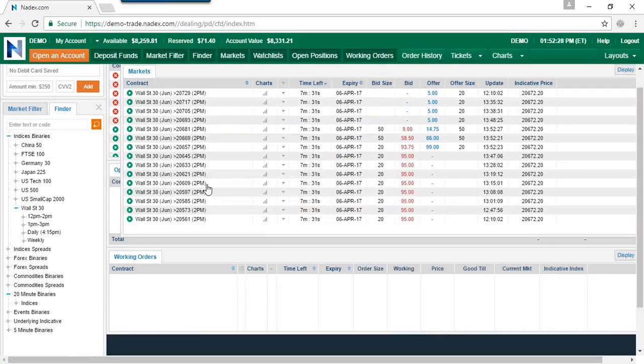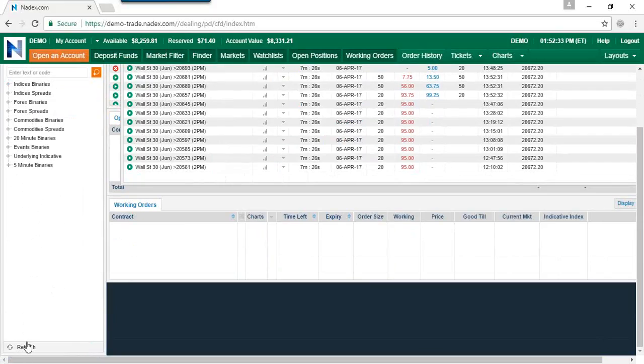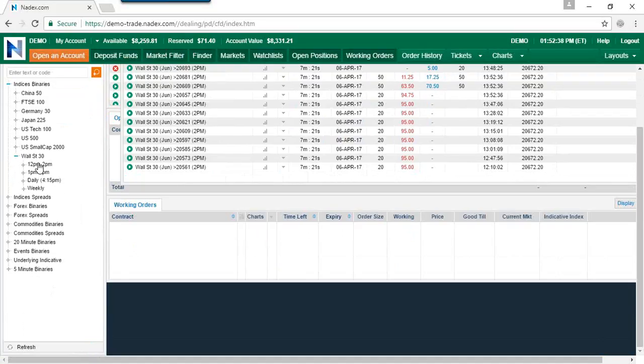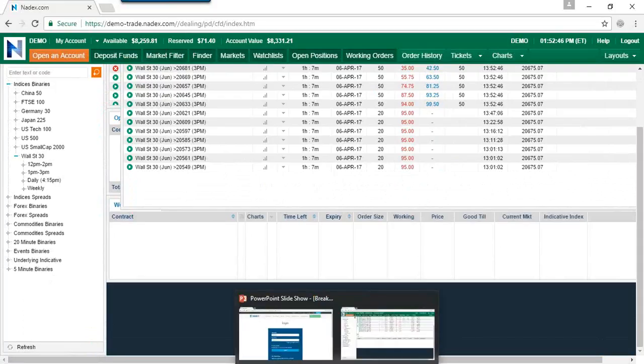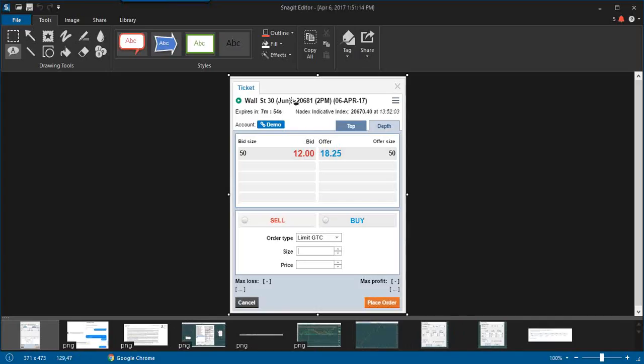No, we're looking at the 2 PMs. So what I want to do, I'm going to refresh this, and we're going to pull up binaries, Wall Street 30. We're going to look at the 3 PMs. So, what was the probability of 681 in 7 minutes?